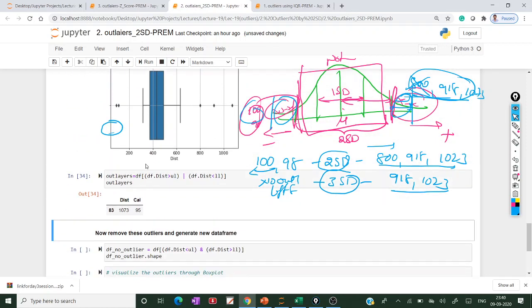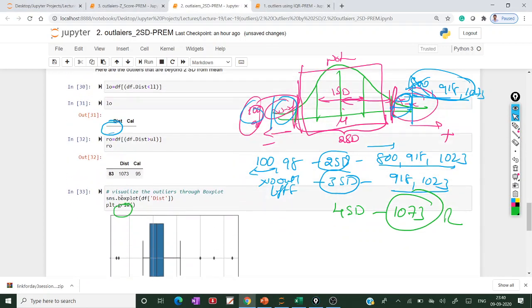If you are using the fourth standard deviation, only one data point, that is 1073, is an outlier on the right side, and on the left side there is no outlier.